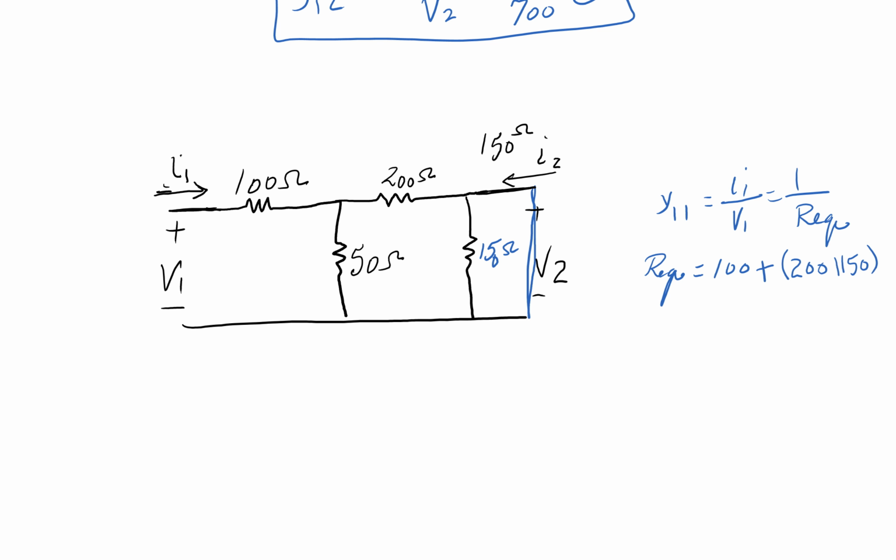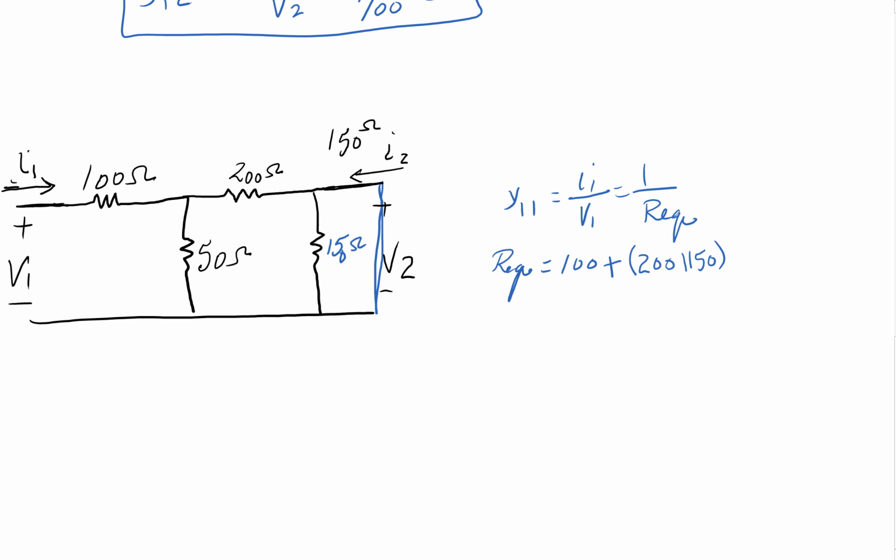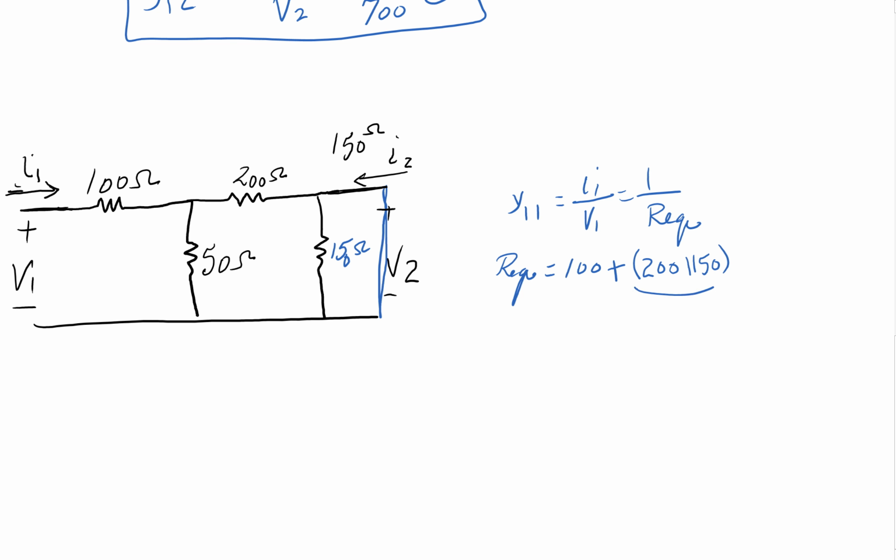So hang on. Okay, so for now I'm going to say that's equal to 40, so that gives us 140 ohms. That means this is 1 over 140 ohms.